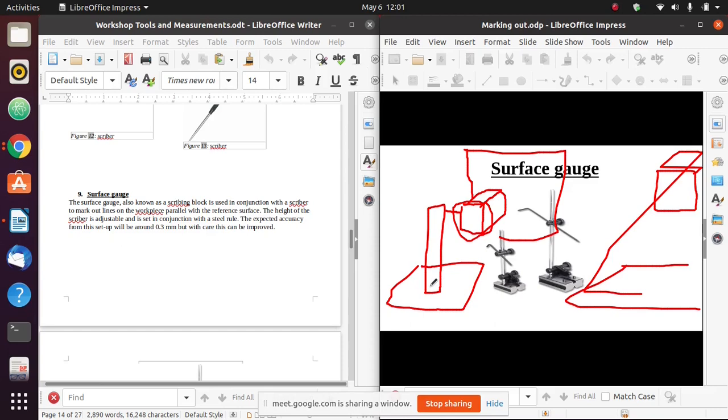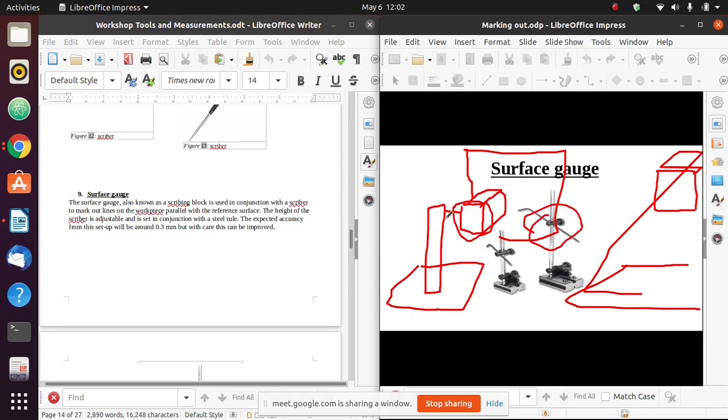Now, the accuracy of this surface gauge is not that good, because it depends on how secure this scriber is. So if I don't tighten this screw properly, then this scriber will be wobbling.